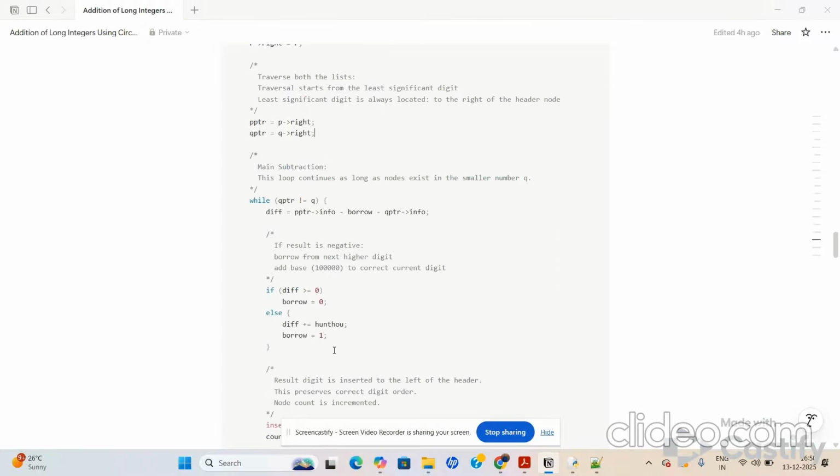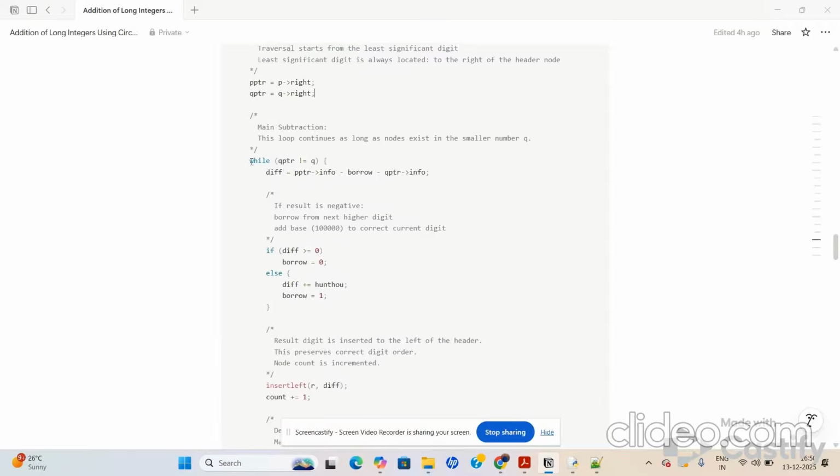Okay, so what you do is you're going to run the loop as long as the nodes exist in the smaller number. Because let's say if the larger number has been represented using 3 nodes and the smaller number is represented using 2 nodes, the loop is going to run only for 2 times.